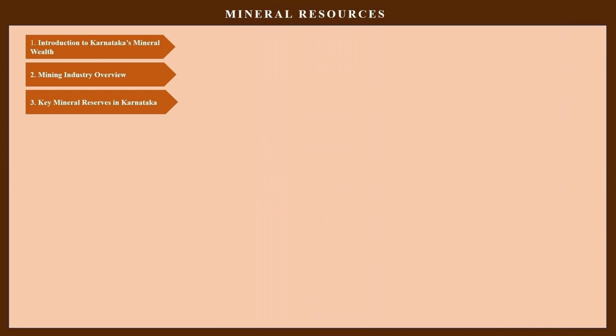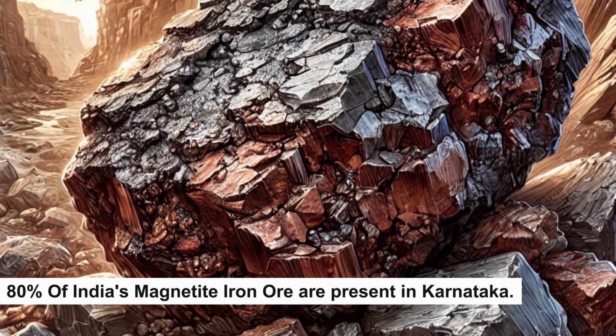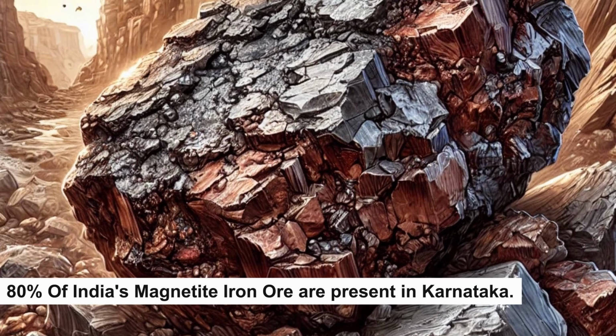Next, we see the map that we had studied. These are the mineral belts. 140 mines are present in this region of Karnataka. So which are the key minerals that we have found in this region? Key mineral reserves are, these are some stats that you can remember. Around 80% of India's magnetite iron ore reserves are present in Karnataka.